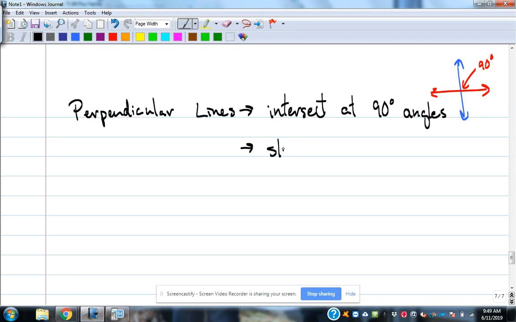and the slopes are not the same. They can't be the same because parallel lines have the same slope. Slopes are what's called opposite reciprocals.